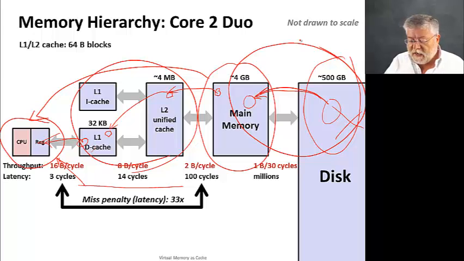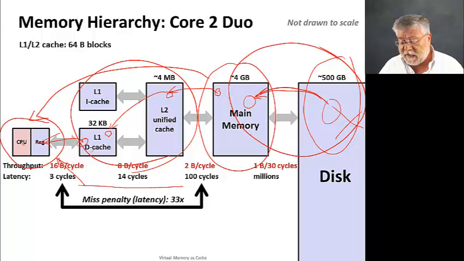Now, in the past, when we saw our memory cache, we had a miss penalty of 33 times a regular access. That was a big penalty when we had to go to main memory rather than finding a result in our cache. The reason for that was because these caches are often on the same chip as the CPU.